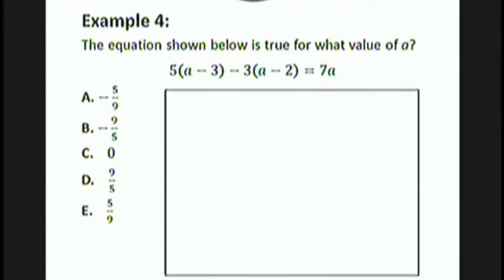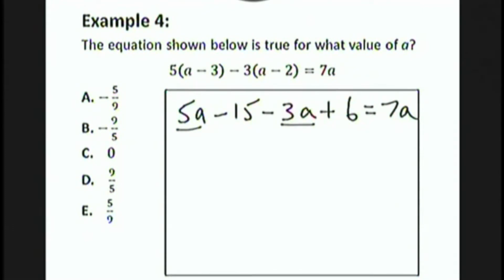Okay, let's try another example. The equation shown below is true for what value of a? In this one, I'm going to start just like in the last problem by distributing on the left. So we have 5a minus 15 minus 3a plus 6 is equal to 7a. Combine like terms on the left. 5a and negative 3a is 2a.